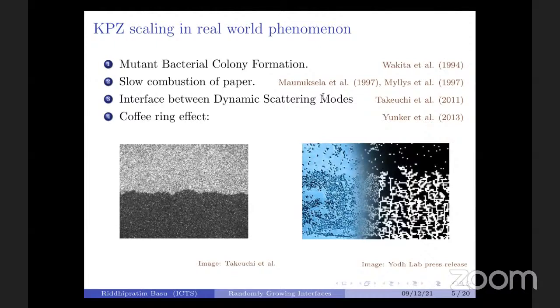And there is this thing in physics where you look at the interface between two different dynamic scattering modes. This also seems, at least experimentally, to conform to the particular scaling and limit behavior that is predicted in the KPZ universality class.